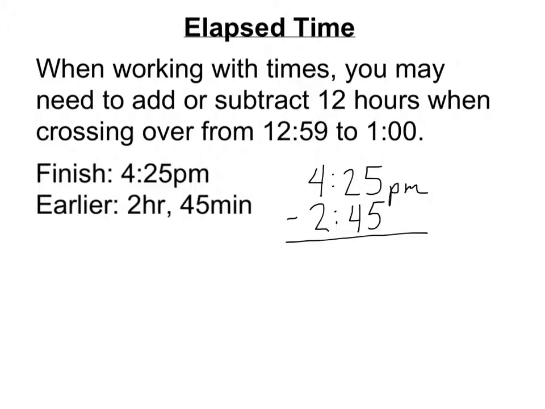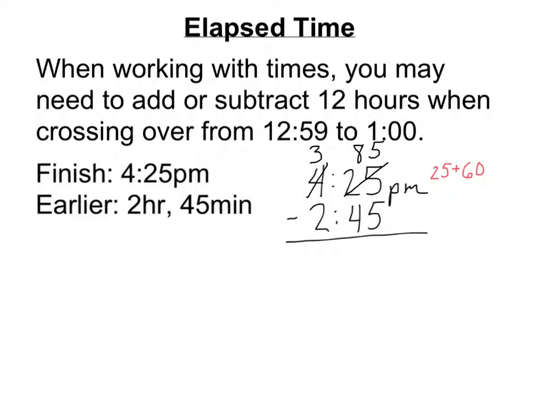So if we look at the minutes, 25 minus 45 is not possible. So we're going to need to borrow. Borrow 1 hour from 4, that makes it a 3. And I already have 25 minutes, and I'm adding on an hour, which is 60 minutes. So therefore, the 25 minutes is going to become 85 minutes.